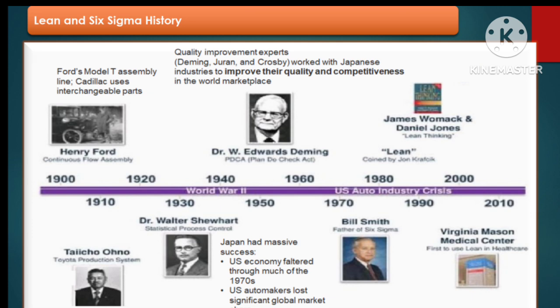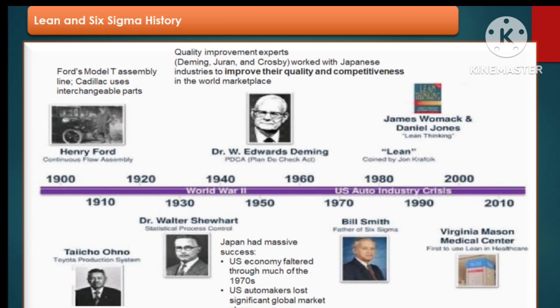Then we had massive improvements in Japan, and most of the terms and tools in the Lean Six Sigma world come from Japan, like the 3Ms: Muda, Mura, Muri, and Kaizen, which signifies continuous improvement.